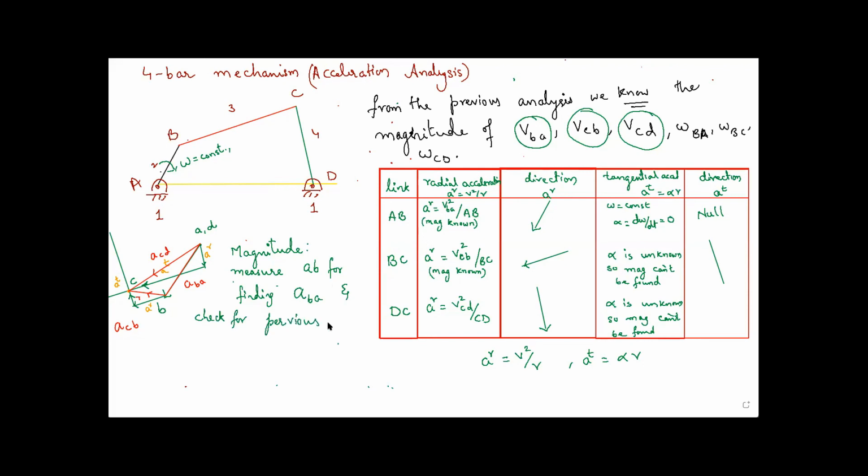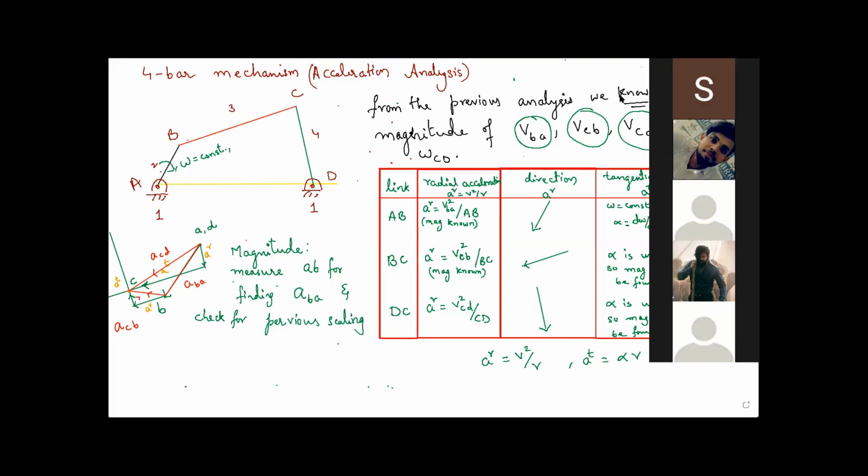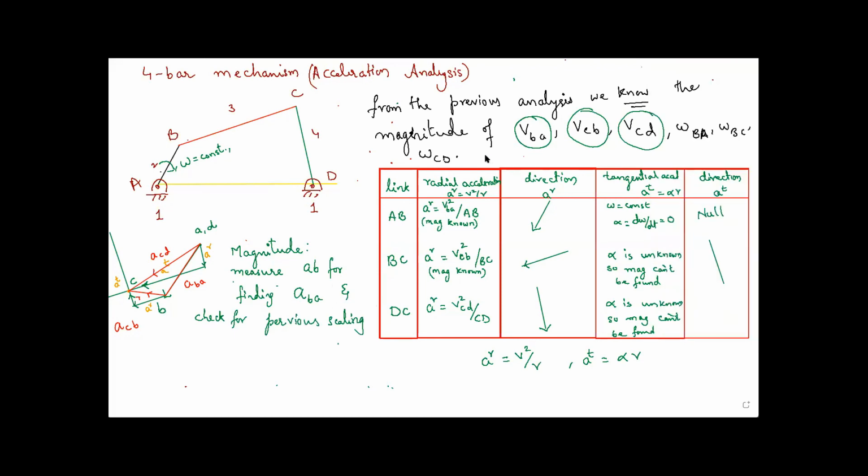See, in the velocity diagram in the previous problem, I have taken 100 mm per second as 2 centimeters. Here also similarly, after you get the first radial acceleration value, when you take VBA, the total value which you got, 100 mm per second, means 100 mm per second square by the link length AB. Okay, link length, you get a value, right?